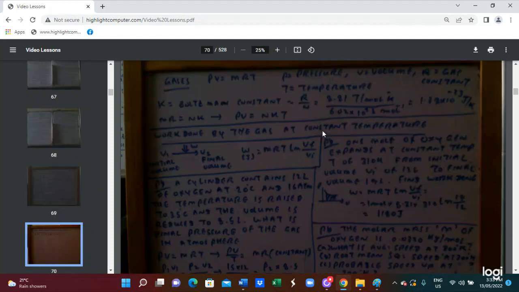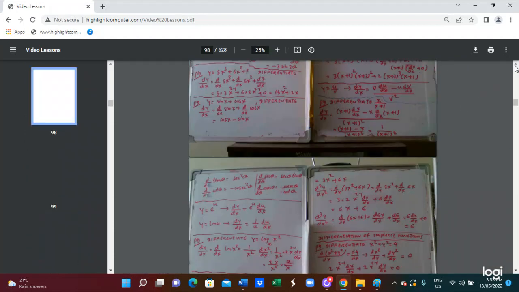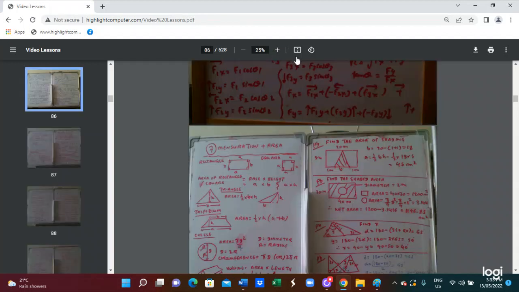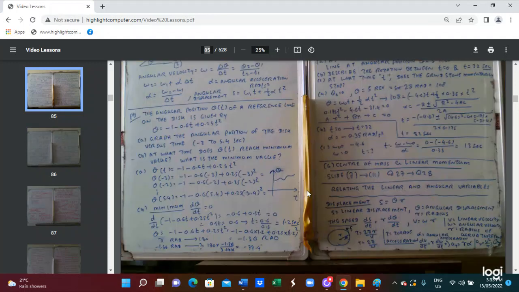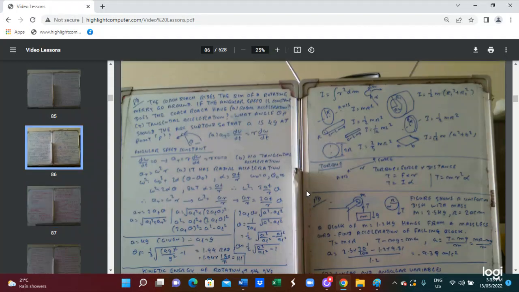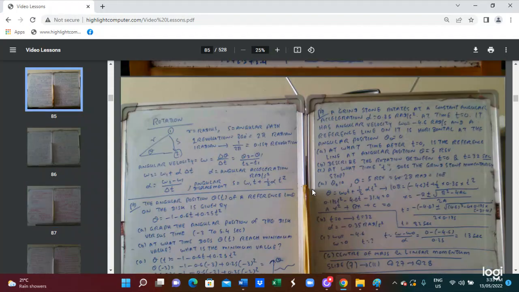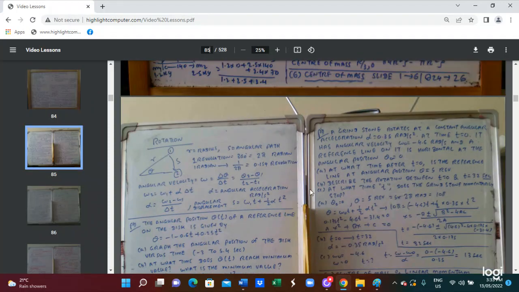Go to 86. So this is 86. So you have to read that lesson, pages 58 to 86. You have to read through.